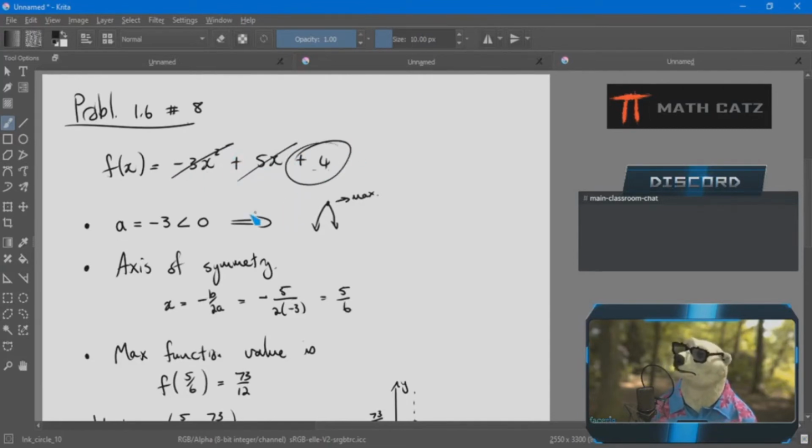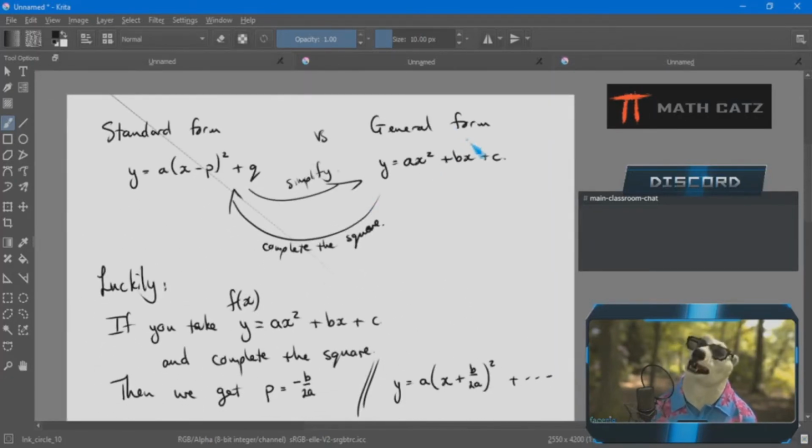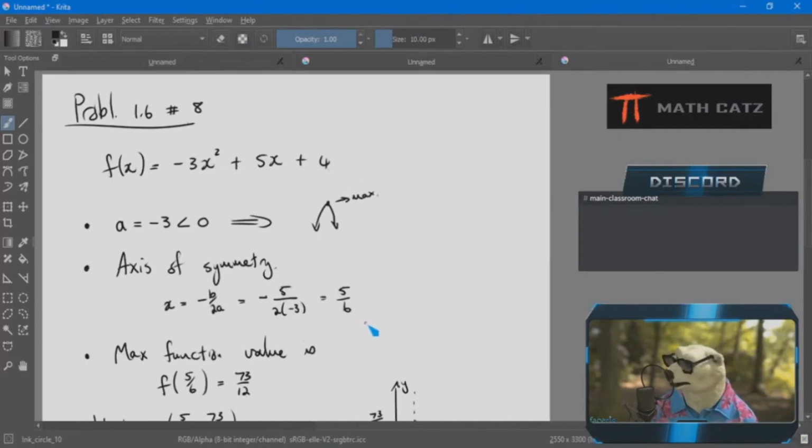So the constant term that I get in my general form is actually the y-intercept. So there's more in the general form than I might have thought. That c is the y-intercept. So it's not so bad. I don't even have to calculate anything. It's 4.